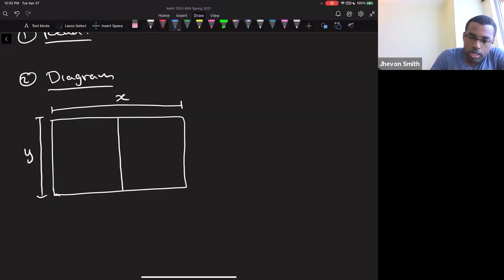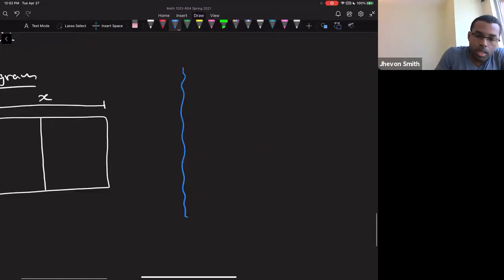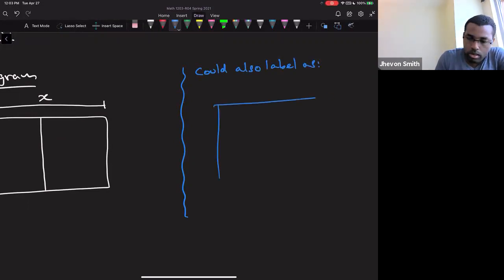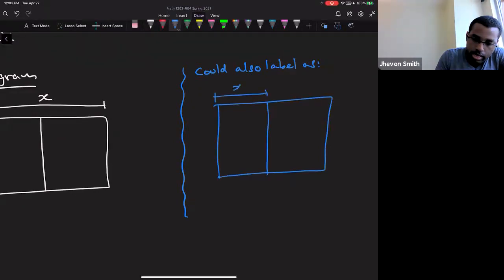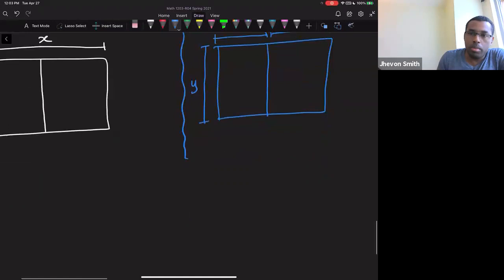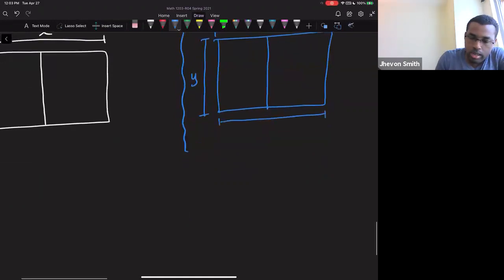I would mention here that you could also label it as something like X is half that, and that is X, and then that is Y. But you see, that would make this length here 2X, and that's just, to me, needlessly complicated.